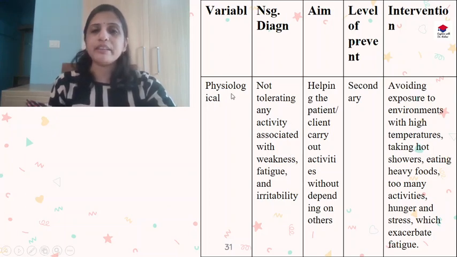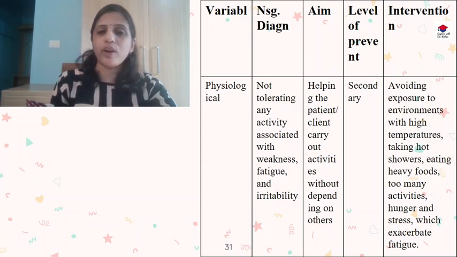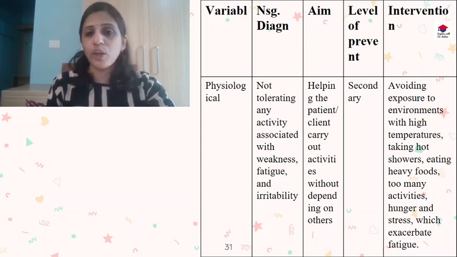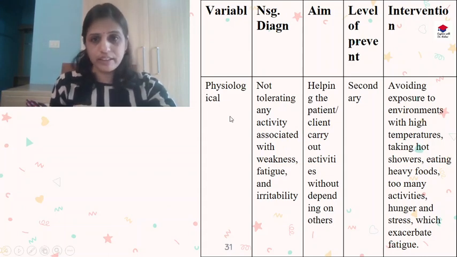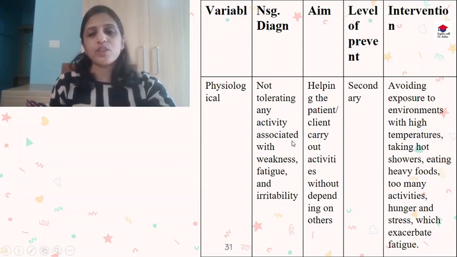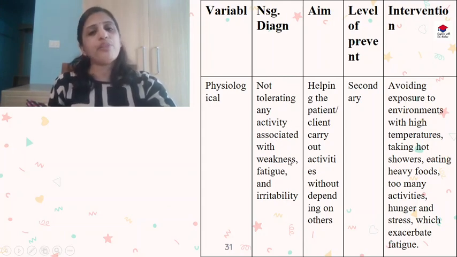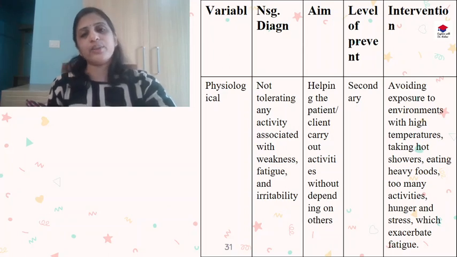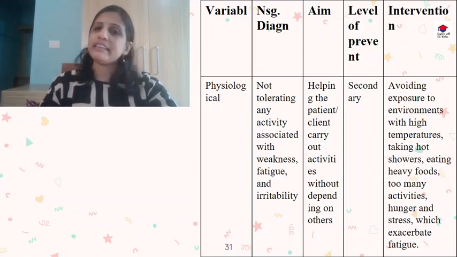For that, the variable is physiological variable, because the inability to tolerate an activity comes under physiological variable. So the variable we have to write here is physiological variable. Nursing diagnosis, what the author has written is not tolerating any activity. From an exam point of view, you can write even NANDA's nursing diagnosis as activity intolerance related to weakness, fatigue and irritability.